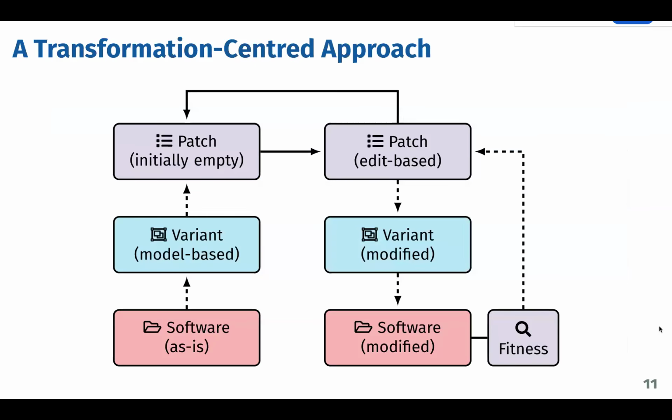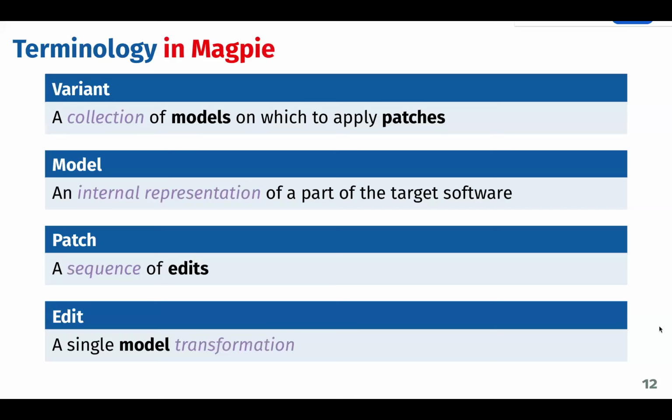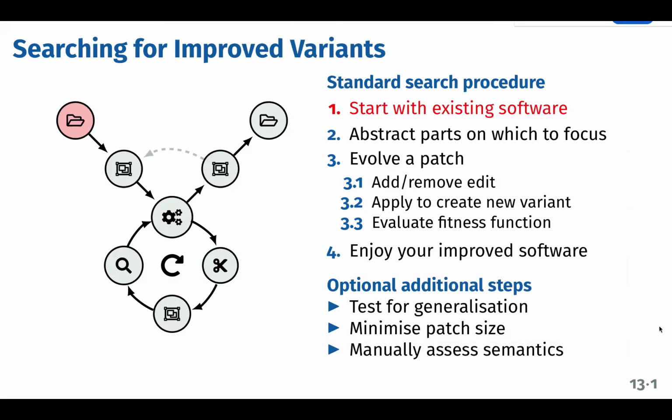So going back to that, you start from an empty list of transformations, and you try to find the sequence of transformations to apply to your original software to get to your improved software. With a slightly better lens on the general search process in Magpie: you start from your existing software, you then abstract the parts on which to focus.